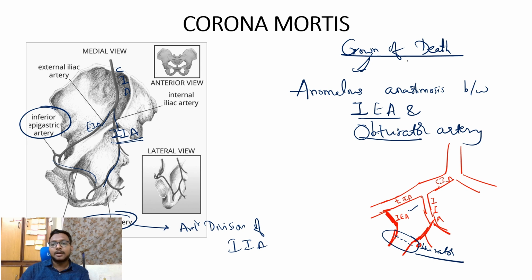So that is called crown of death. Why is it important? During the surgery, if someone misses noticing this important crown of death or corona mortis, and I accidentally damage this vessel, there will be torrential bleed. That is why this is called corona mortis, crown of death. Right? Thank you.